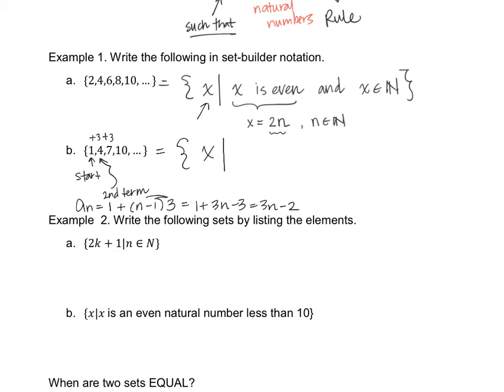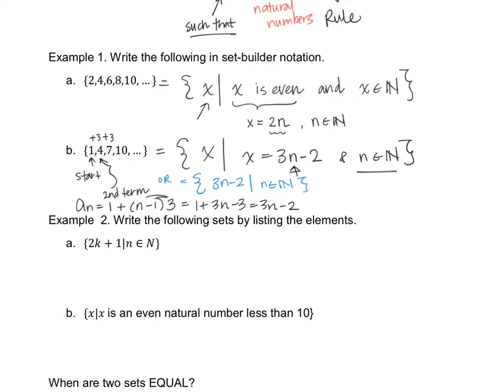That's a rule we could say, that it's all those x's, as long as the x's look like that, they have to be in that form, because those are what the elements are. And again, we know that n is in the natural numbers. Remember, if you do define a new variable in there like n, you have to say something about it. That's the second part of our rule. You could also have written it another way, that it's all those 3n minus 2's such that your n is in the natural numbers.